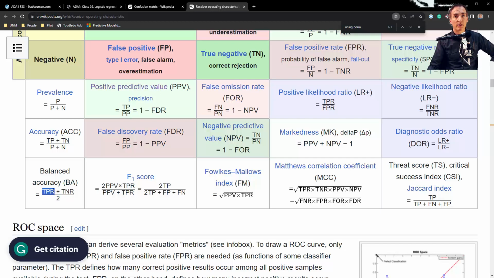It is not weighted by the number of people in our sample, because we don't care that much about the number of people in our sample. We care more about new observations that we're predicting for our population. So if our population is roughly balanced, but our sample is imbalanced, we still want to know what the balanced accuracy is. Now, if your population was imbalanced in terms of the groups, right?